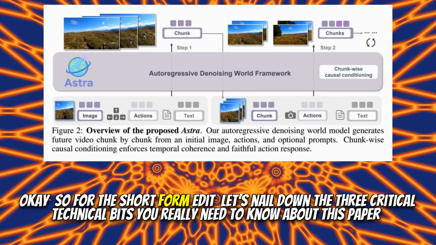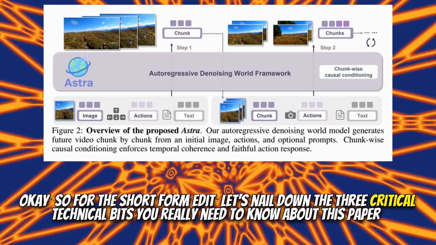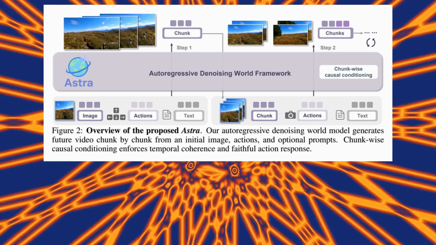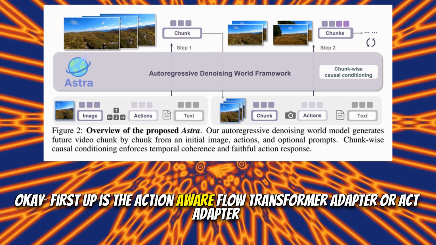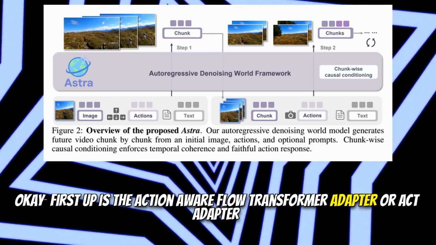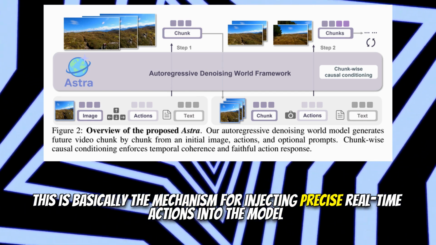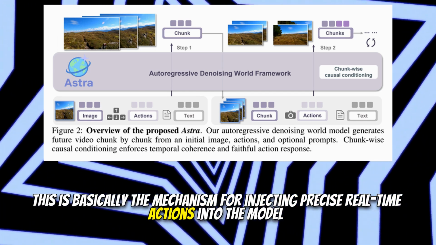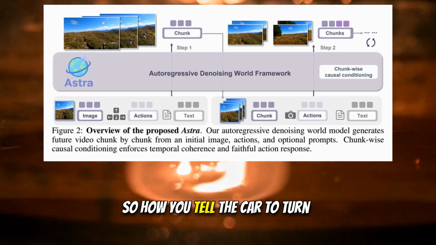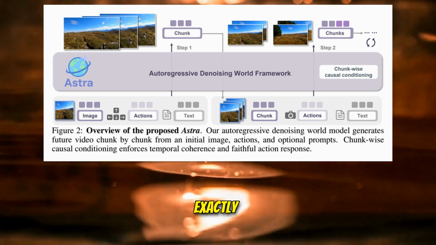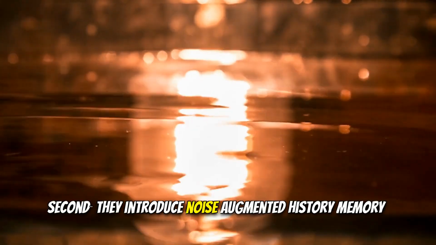Okay, so for the short form edit, let's nail down the 3 critical technical bits you really need to know about this paper. First up is the Action-Aware Flow Transformer Adapter, or ACT adapter. This is basically the mechanism for injecting precise, real-time actions into the model. So how you tell the car to turn. Exactly. Second, they introduced noise-augmented history memory.